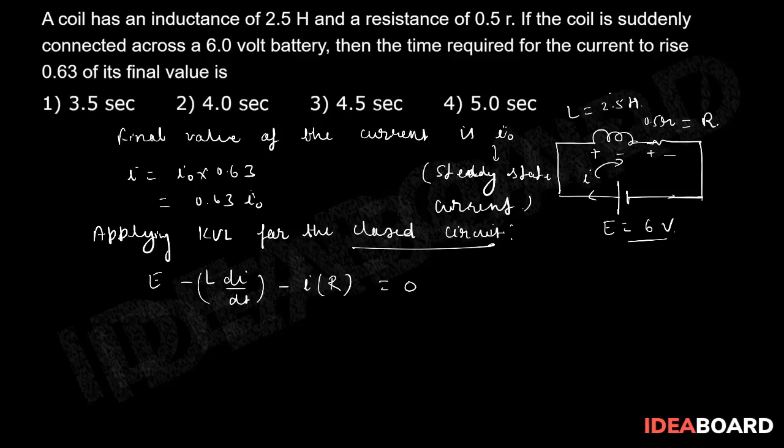First of all, I am finding the expression, right? So now I can write E minus IR is equal to L di by dt.